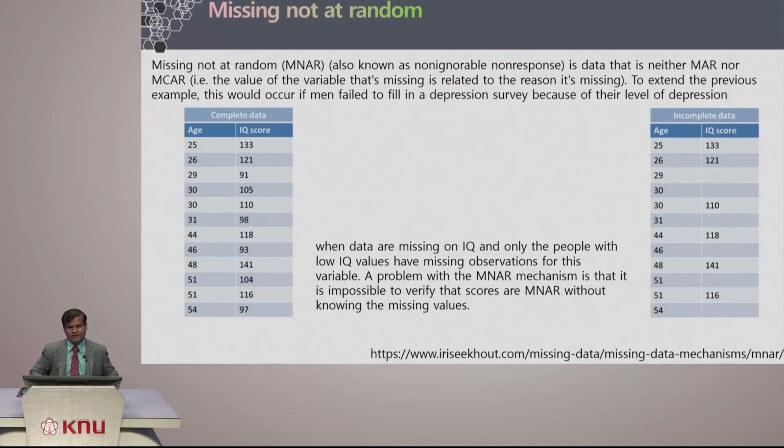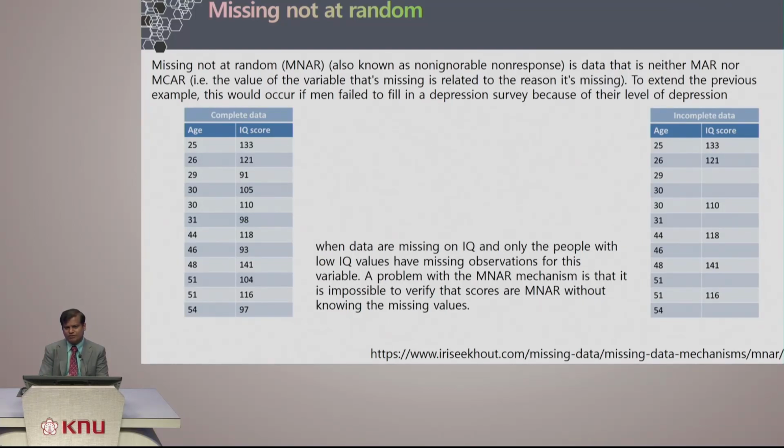Likewise, here is another example we can notice. We can see the complete data of age and IQ score on one side, and on the other side we have incomplete data of age and IQ score.